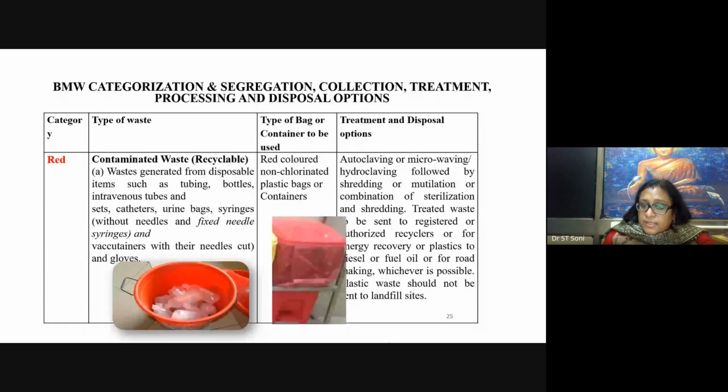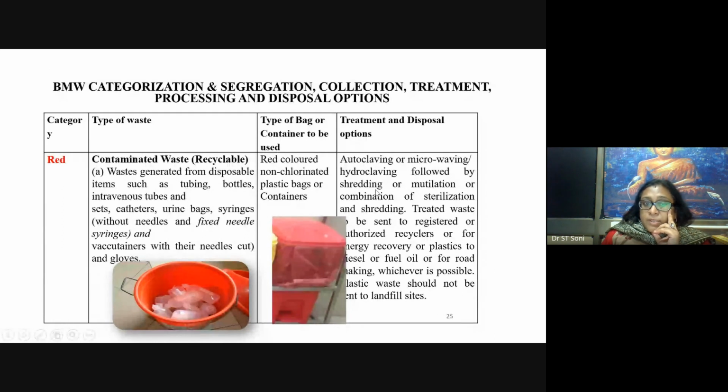And the plastics, when they recycle it, will be used for resurfacing of the roads and all. So for the road resurfacing or recovering the plastic to diesel and fuel oil and all.